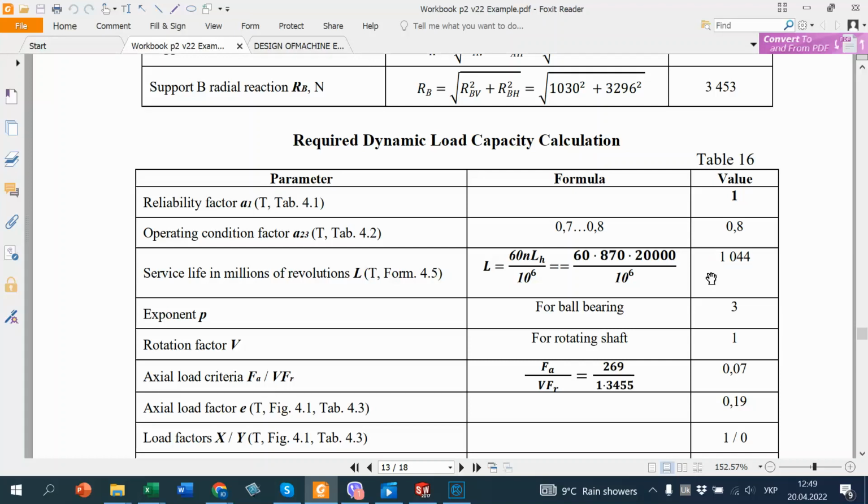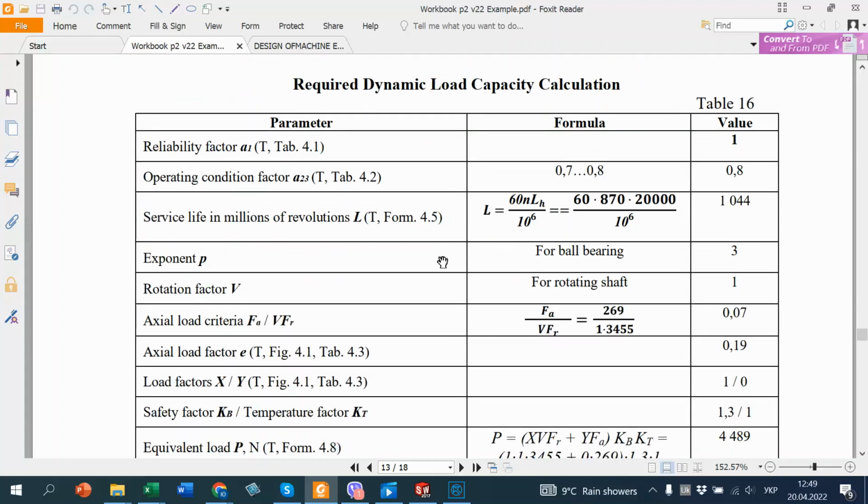I remind you that this parameter we used in the calculation of gear transfer, and if you calculated the transfer by my software, you can see in the final results this value, the same as for contact stresses. So the exponent, I said, for a ball bearing should be 3.